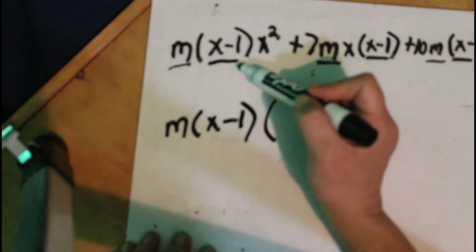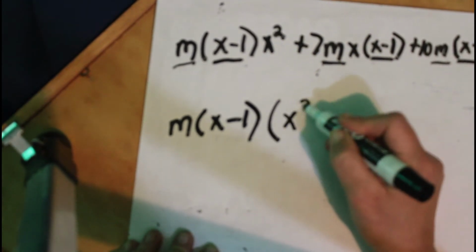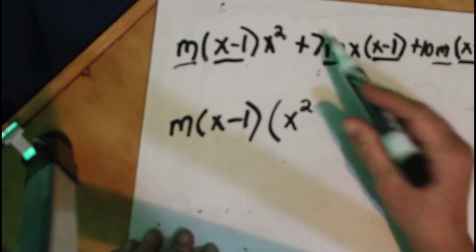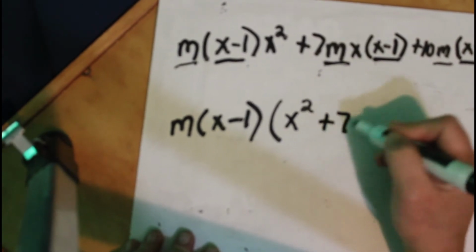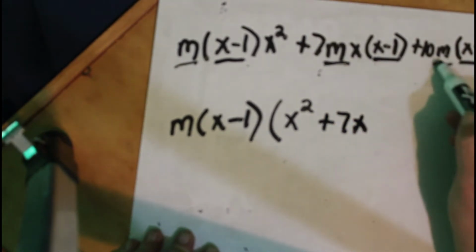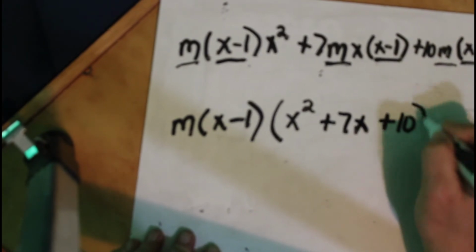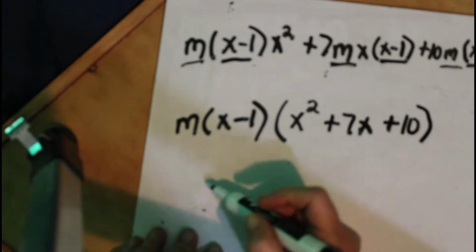So if we got rid of the m and the x minus 1, we'd have x squared for that first term. And this one we've got rid of the m and the x minus 1, so we've got plus 7x left. And this one we got rid of the m and the x minus 1, and we're just left with plus 10. Now we can factor that because it's a trinomial.